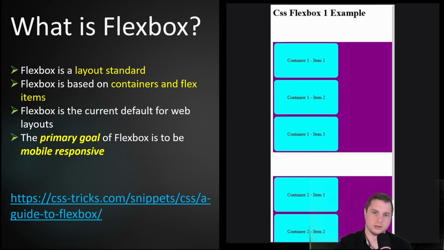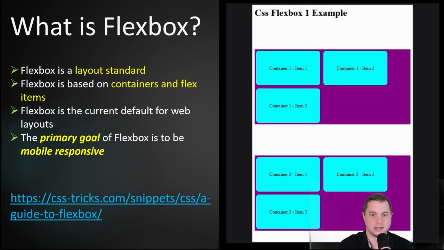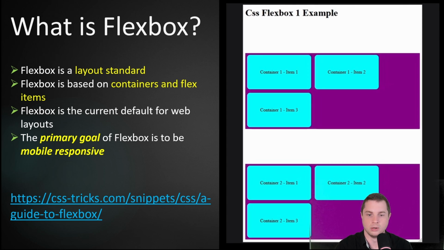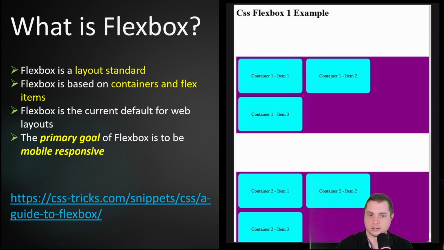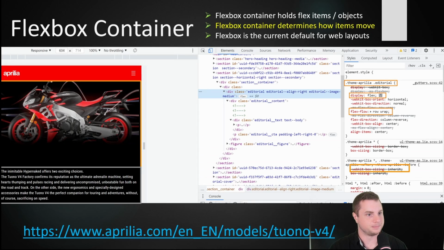Then as you get bigger and have enough space again, that content will come back up into that row, and we'll get back to one row here in just a second. And there it is. That is how Flexbox handles this dynamic layout problem. This is what we had for a long time.